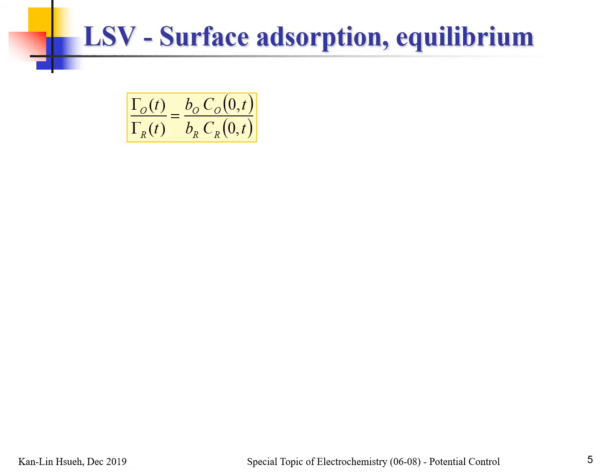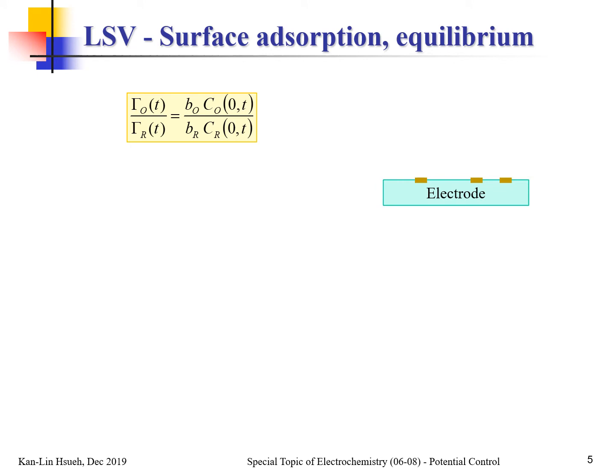We talk about equilibrium. That means in a solution, the oxide species or reductant species right at the electrode surface remain in equilibrium with those species adsorbed on the electrode surface. The equilibrium constant, something like B_O and then B_R.